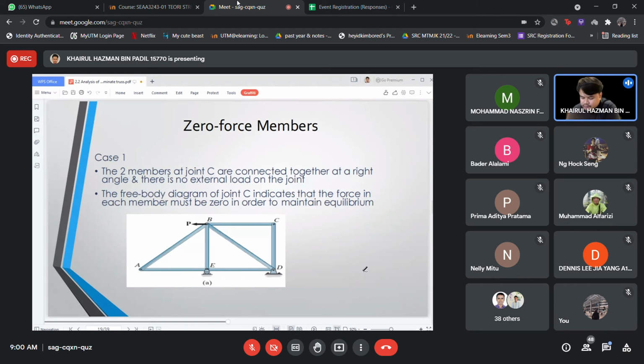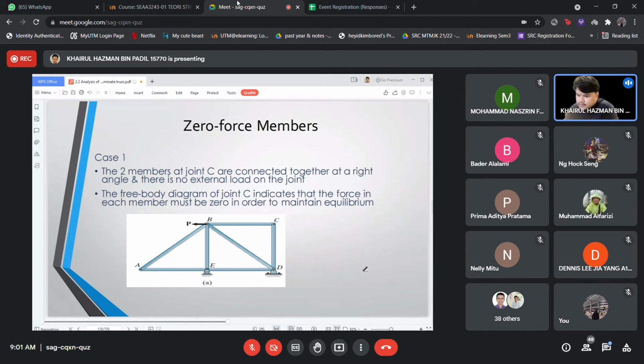For zero force members, for the truss part, there will be zero force members, which means if you remove that particular member, the structure is still stable and can perform well.